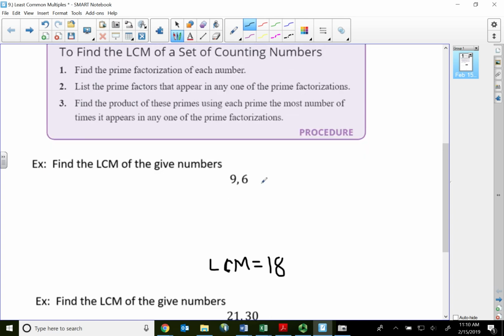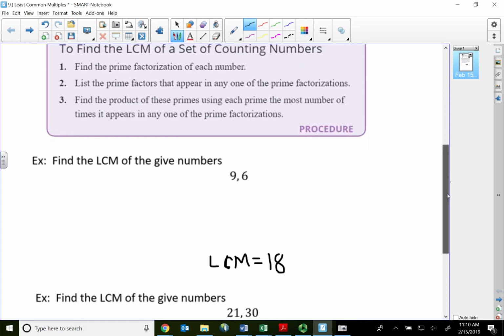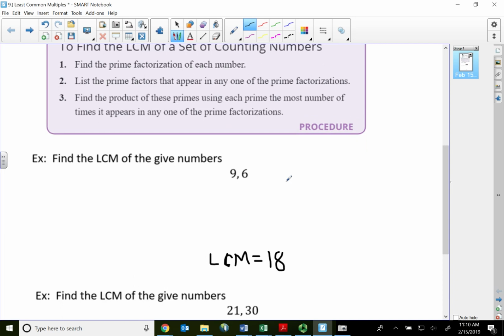So how do you find it, especially for numbers that you do not recognize? What I normally show students is to put your counting numbers inside the upside down division. On the outside, find one number that can go into both of them, which in this case is 3. 3 can go into both 9 and 6.